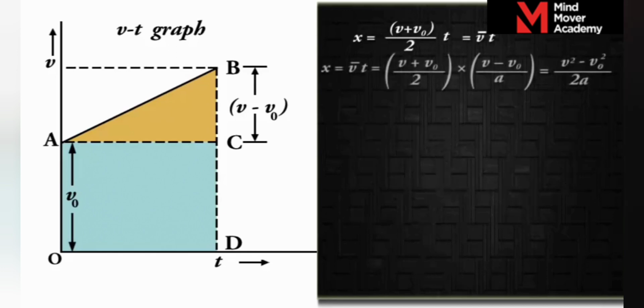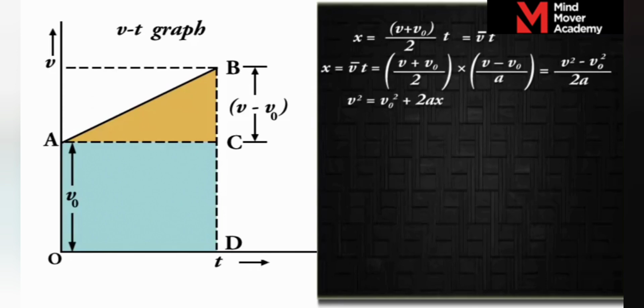We get x = v̄t = (v + v₀)/2 × (v − v₀)/a = (v² − v₀²)/2a. v² = v₀² + 2ax.